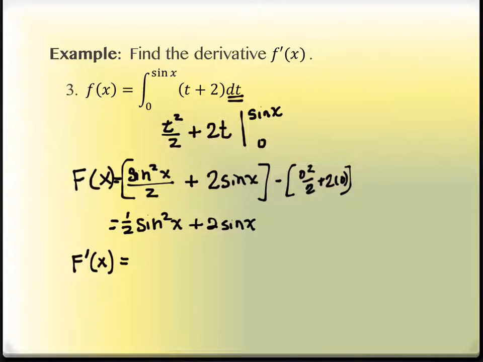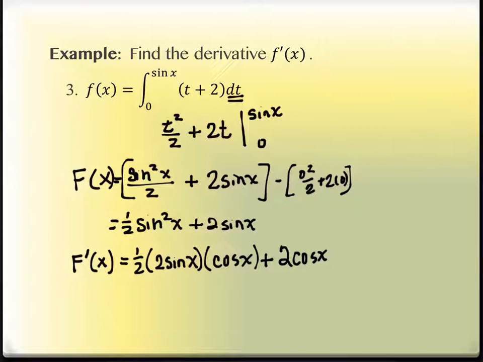So for the outside function, I take the 2 down to the front, so I have one half times 2 sine of x. And then I need the derivative of the inside function, sine of x, which is cosine of x. Plus 2 times the derivative of sine x, which is cosine of x.